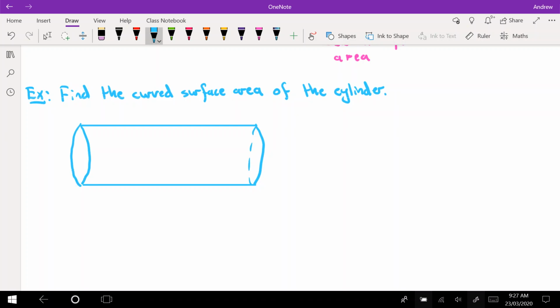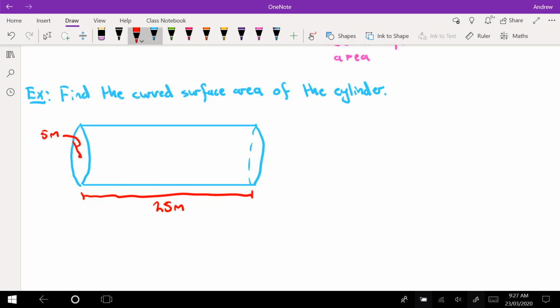You know what? Could have been worse. So we'll say that the height of the cylinder is 25 meters. And we'll say that the radius is 5 meters. And we want to know the curved surface area of the cylinder.